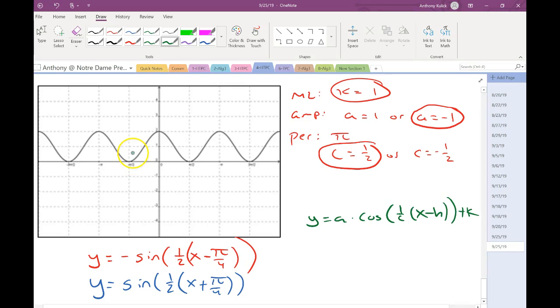What does the parent function for cosine look like? If I do that, I see no reflection, and I see no translation left or right.